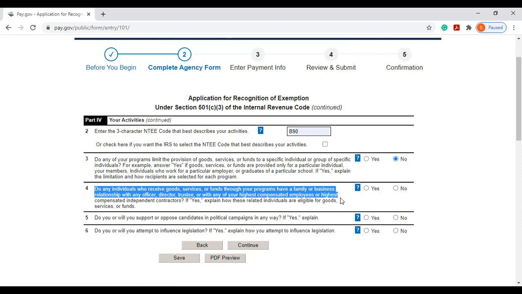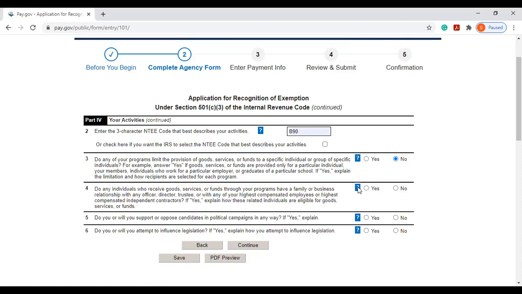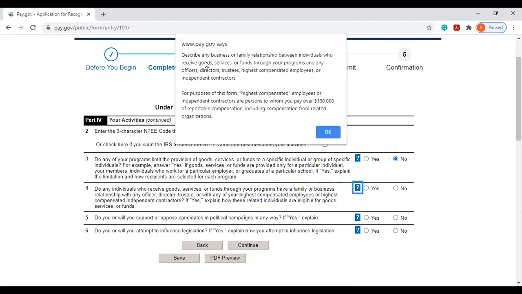If yes, explain how these related individuals are eligible for goods, services, or funds. So now the IRS is trying to figure out if you are going to have a conflict of interest situation. Again, if you're not sure, click on the question mark for additional information.